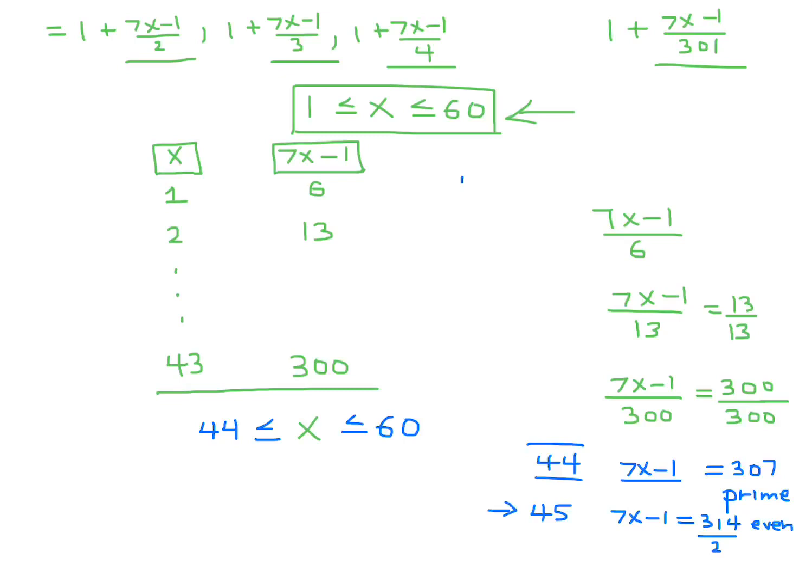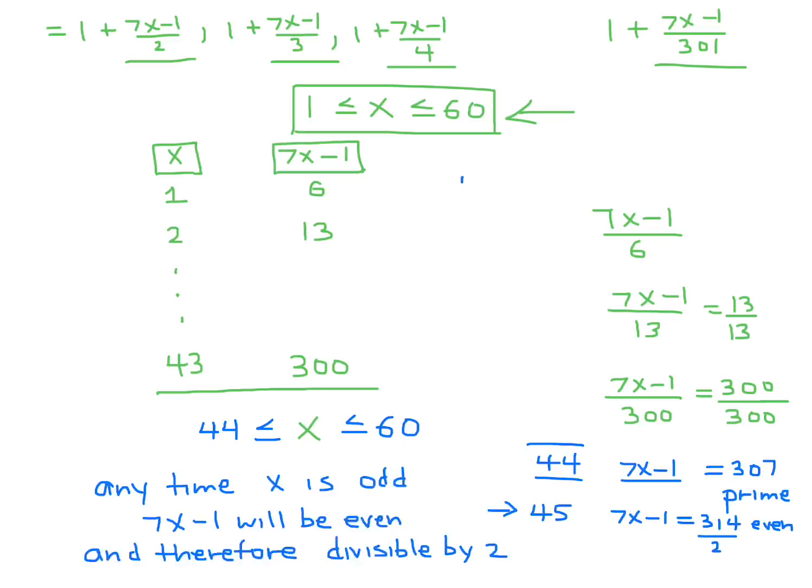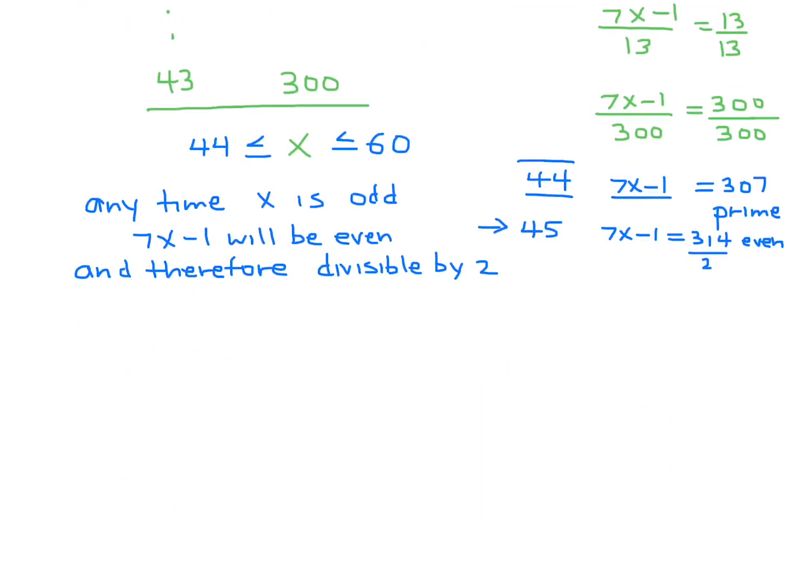So similarly, any time that x is an odd number, we are going to run into that problem: we're going to end up with an even number for 7x minus 1, and an even number will always be divisible by 2. So anytime x is odd, 7x minus 1 will be even and therefore divisible by 2.